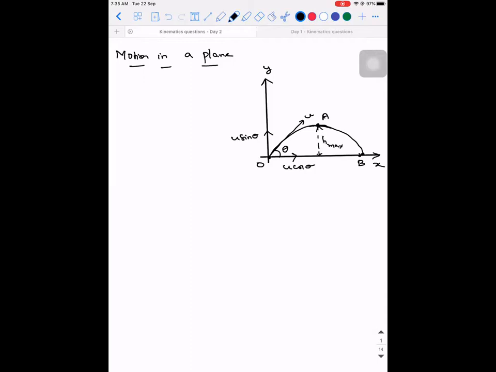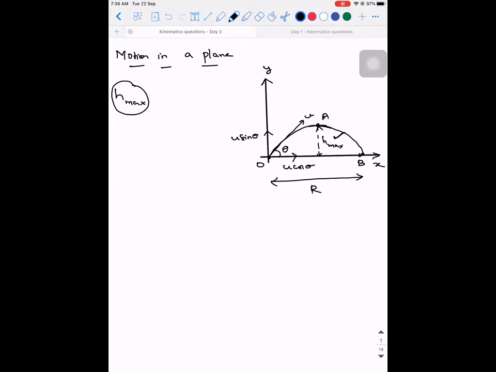Listen, I'm not going to concentrate on the formula concept and all. I'm going to concentrate on the methods of solving or approaching problems based on projectile motion. So listen to me carefully. If suppose I want to find the maximum height of the object, how will you do it? Suppose I want to find out H max.